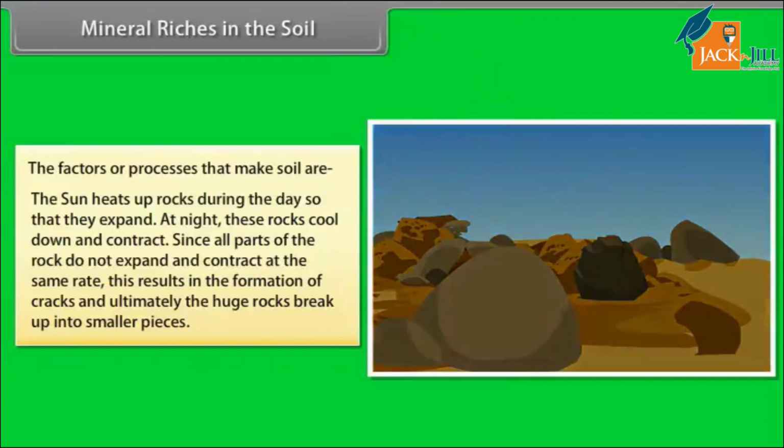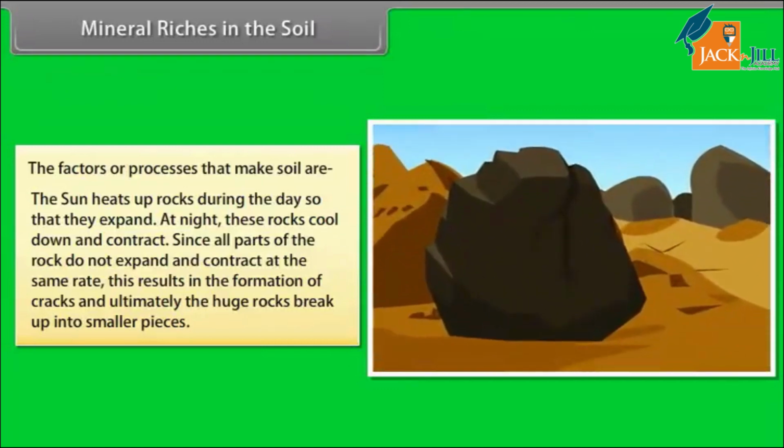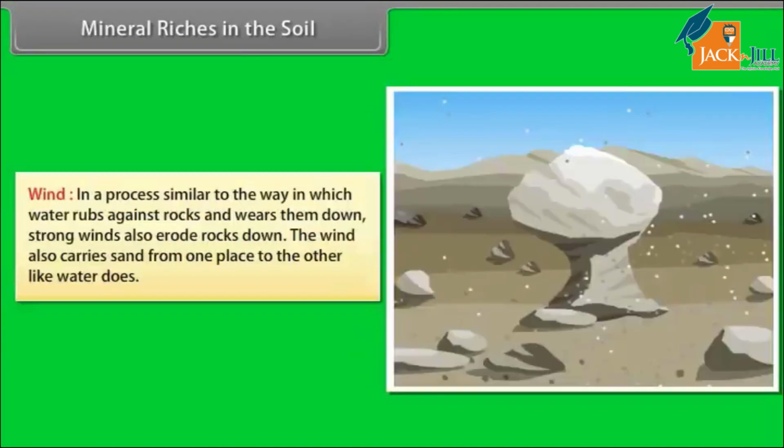At night, these rocks cool down and contract. Since all parts of the rock do not expand and contract at the same rate, this results in the formation of cracks, and ultimately the huge rocks break up. Types of soil and soil pollution.